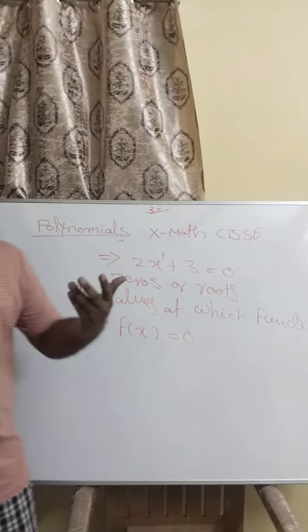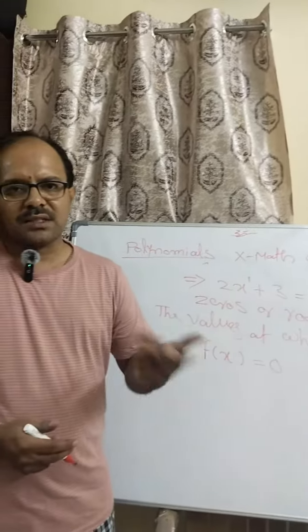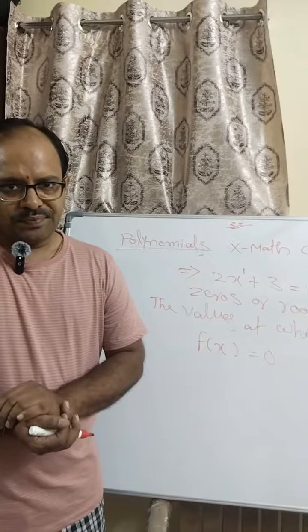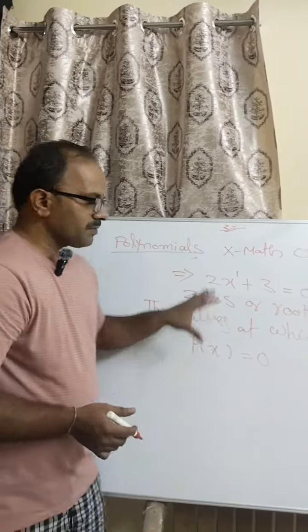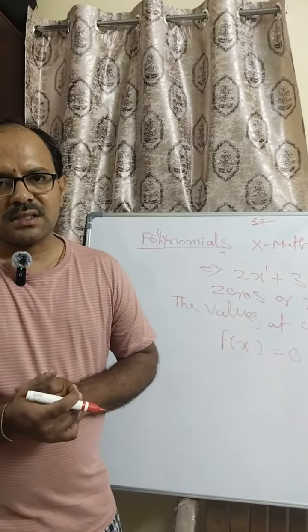It can be a single value or more than one value. There could be 2 values or 3 values or only one value. This concept is very important and essential for the topic polynomials.